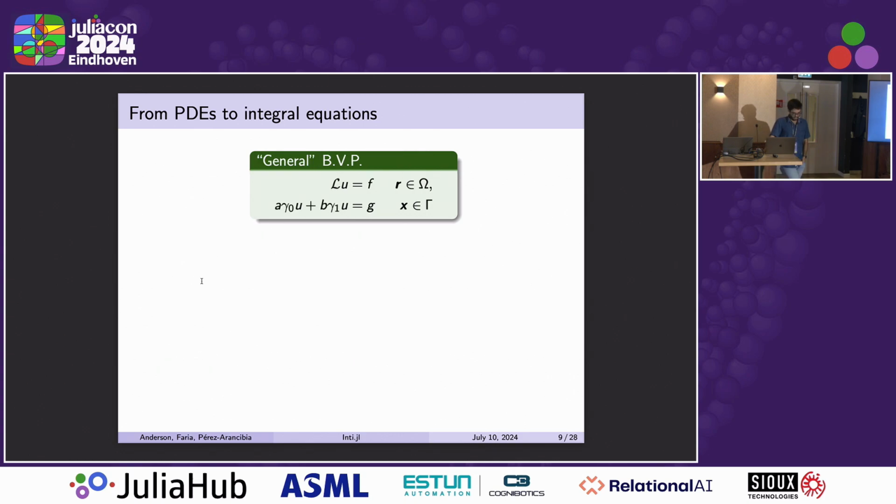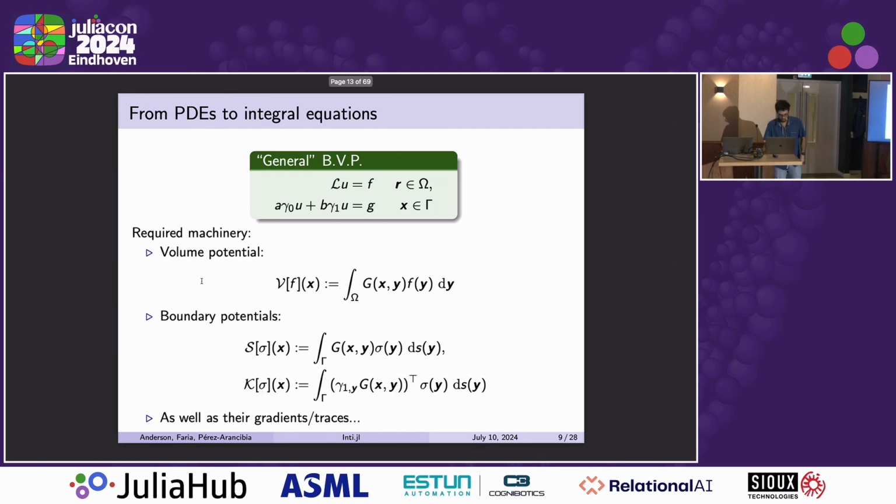Now this was Laplace, and you can more or less generalize this to L. L has to have some properties, like strongly elliptic systems, things that would be fine. You can generalize boundary conditions, like Dirichlet and Neumann boundary conditions. So you can more or less do this for a wide class of problems, but you keep running into this type of object: volume potentials, which are integrals over your whole domain, and boundary potentials, which are integrals over your boundary, of the singular functions or derivatives of those singular functions.